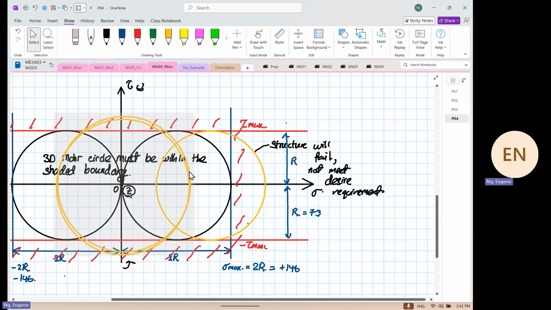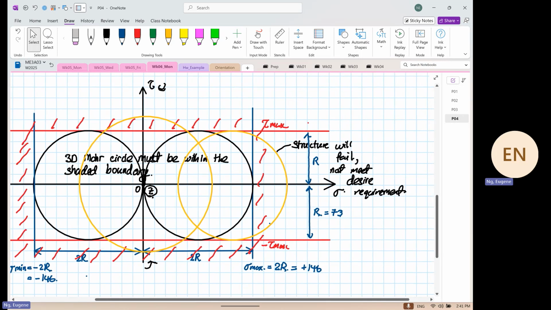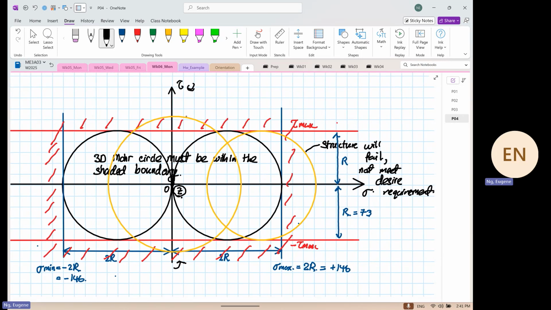It is within the limits of your normal stress, right? It's within the limits of the normal stress. For this case, the shear is greater than your tau max. Can you see that? When this is the case, okay, failure will occur or fail to meet design requirements.